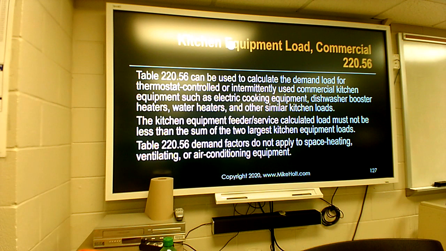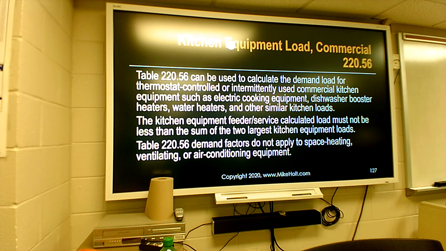Kitchen equipment load for commercial installation. 220.56 can be used to calculate the demand load for thermostat controlled or intermittently used commercial kitchen equipment like electric cooking equipment, dishwasher, booster heaters, water heaters, and other similar kitchen loads.